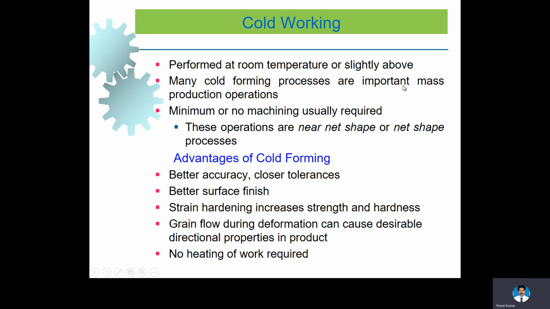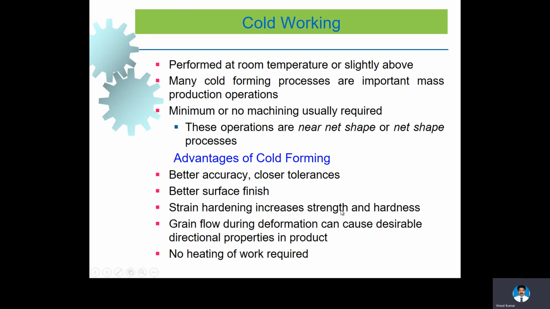Many cold forming processes are important mass production operations. Minimum or no machining is usually required. These operations are near net shape or net shape processes. Advantages of cold forming are better accuracy and closer tolerances, and better surface finish.